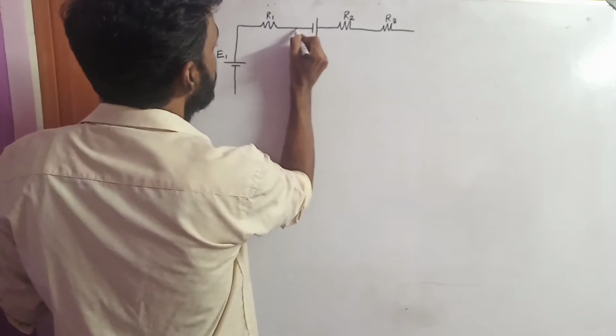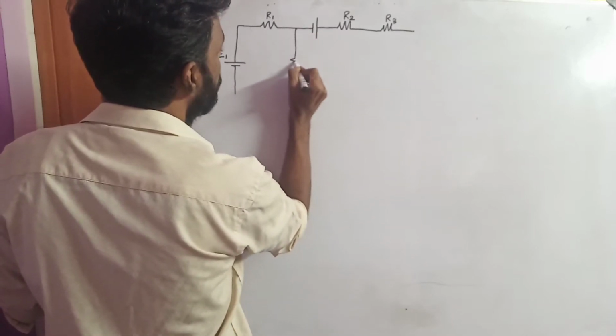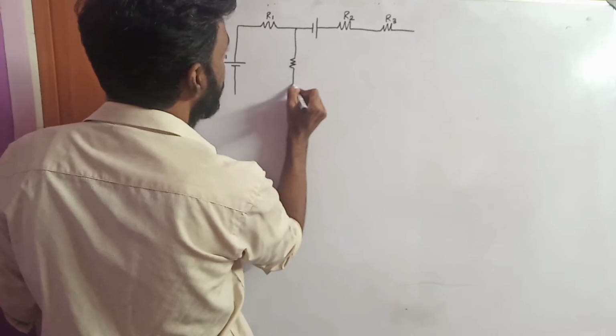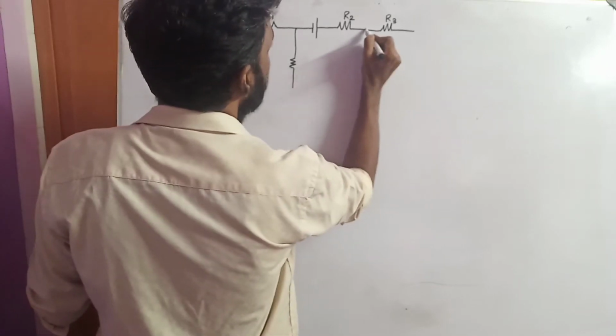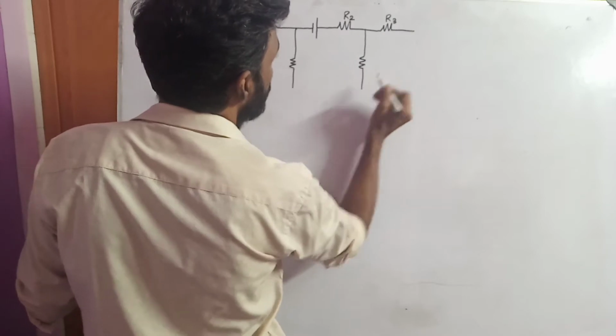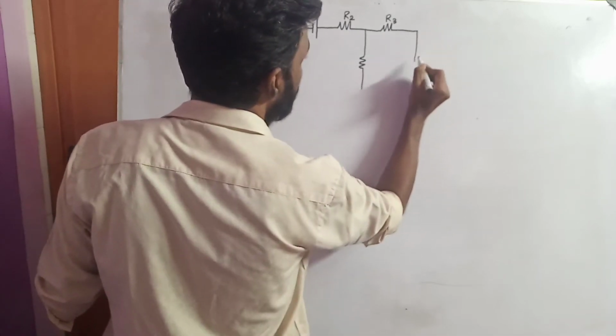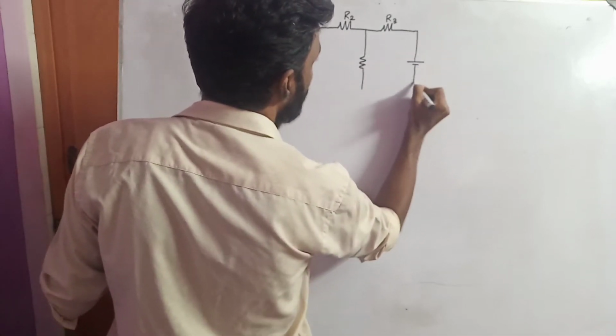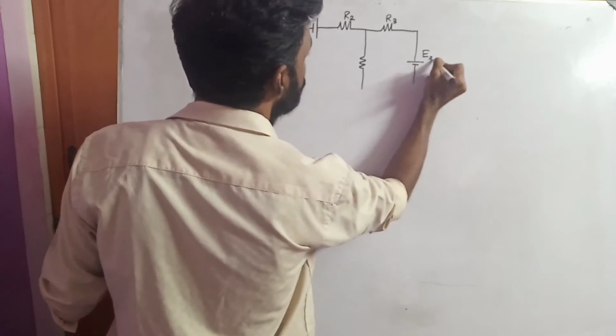Again in the center there is a resistor. A resistor has been connected. Here again a resistor has been connected. Here a battery is being connected of EMF E2.